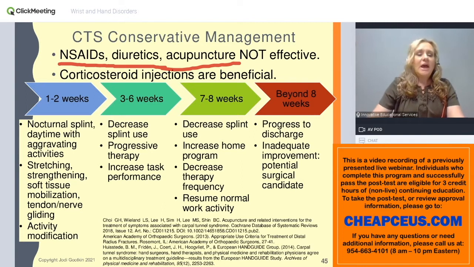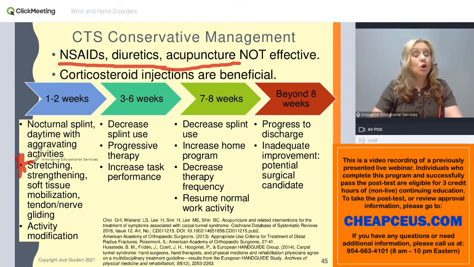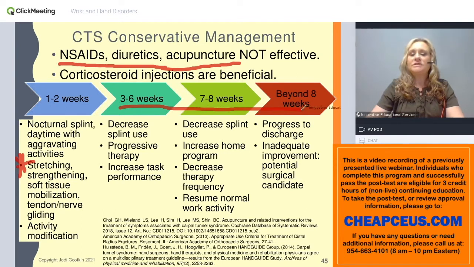When we look at those activities that did show some relief of symptoms and improvement, the stretching, strengthening, and soft tissue mobilizations, including tendon and nerve gliding early on, combined with splinting, did show benefits for patients, and then progressing them over the weeks where you're weaning off the splint and adding strengthening as well as functional tasks.